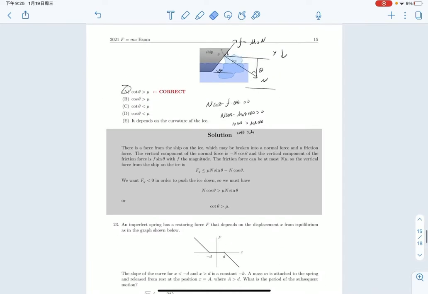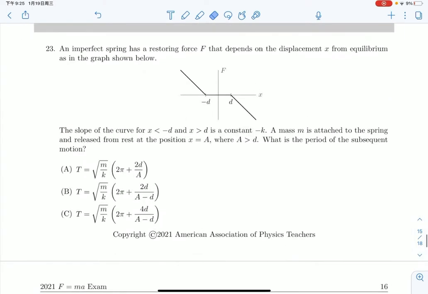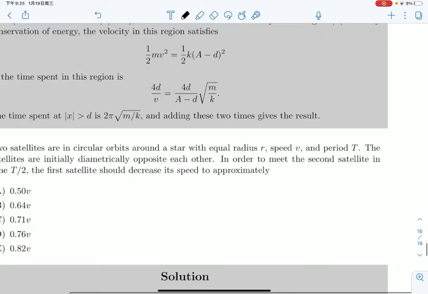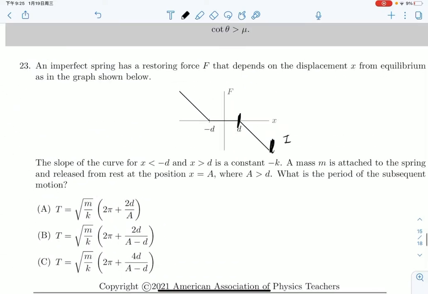And 23, which is simple harmonic motion. So for this region, it's going from here to here, and released from the rest position of A, so this point is A. And you can see for simple harmonic motion, x is equal to A cosine omega t plus phi.